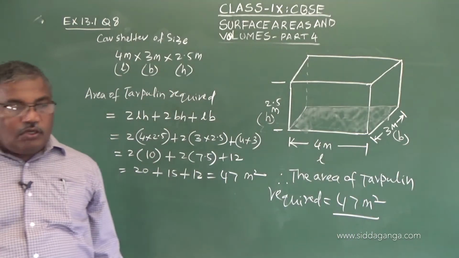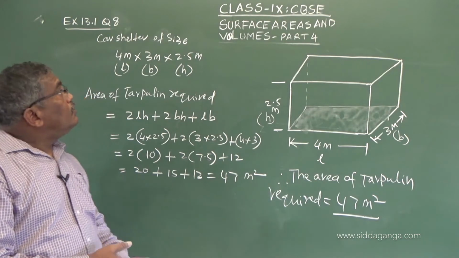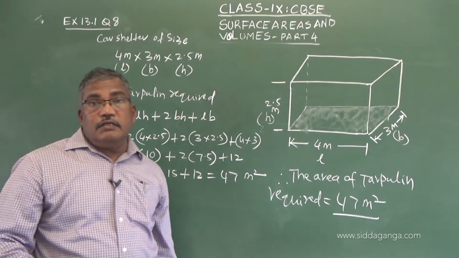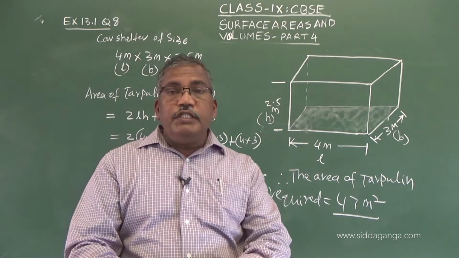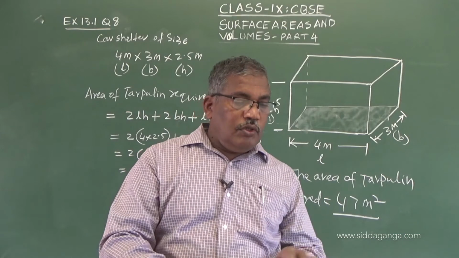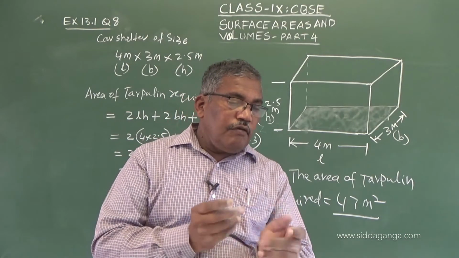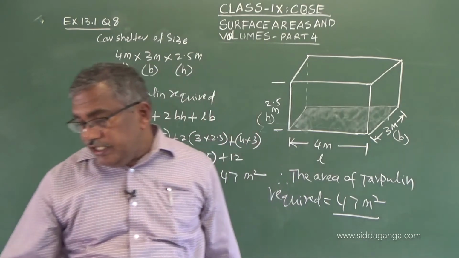So that's all for the problem. We have completed exercise number 3.1. Now we will move on to the next topic, surface area of right circular cylinder.